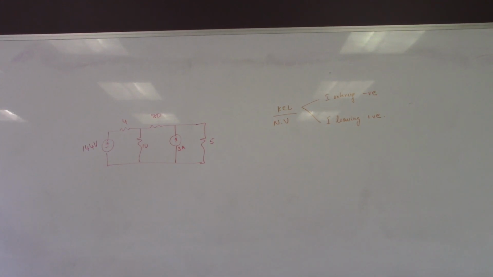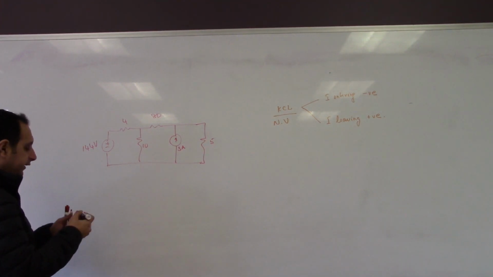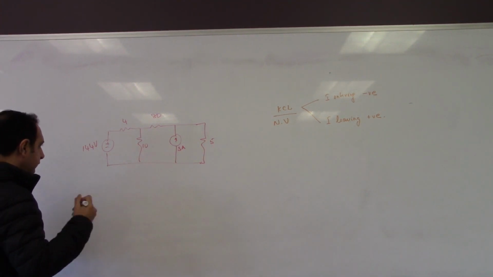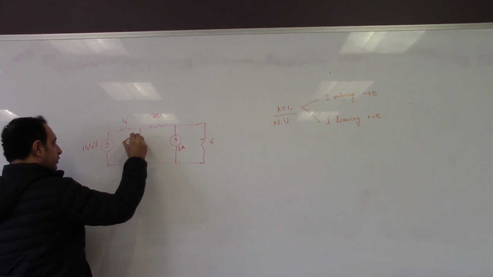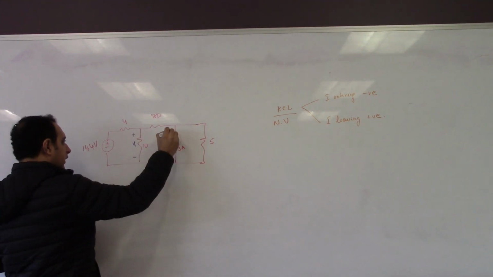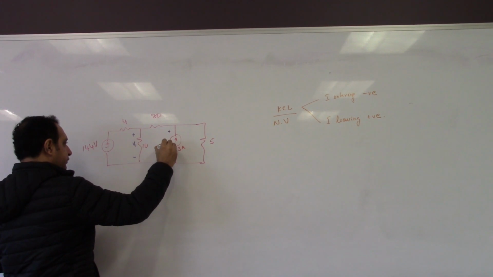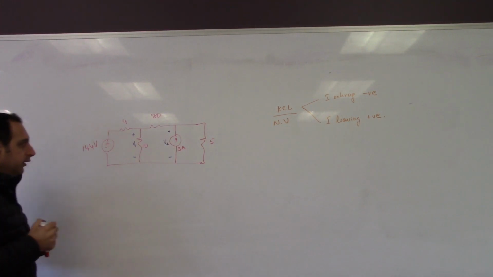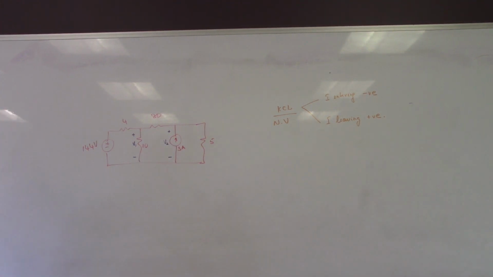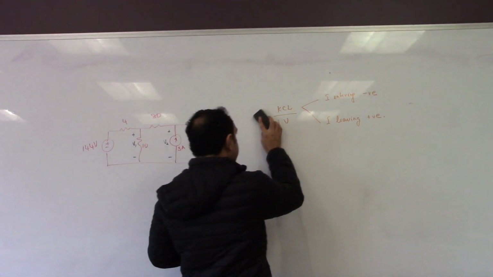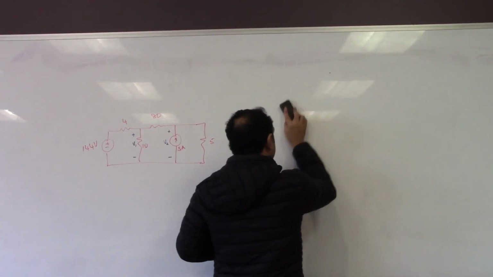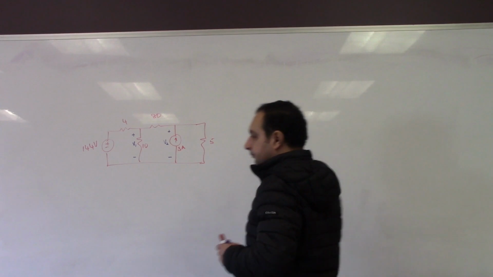Use node voltage method. We need to use the node voltage method to find this voltage V1 and this voltage V2. Okay, find V1 and V2.